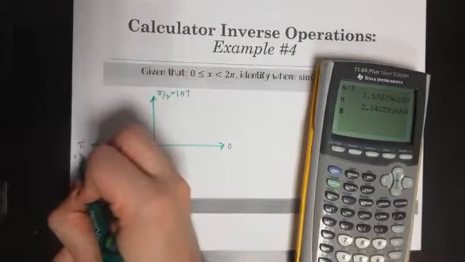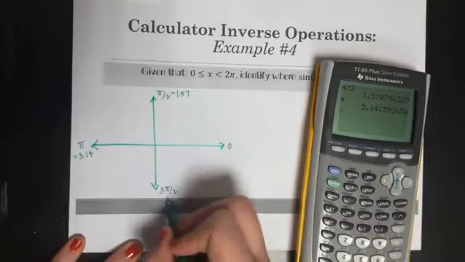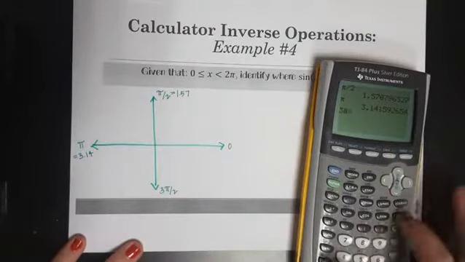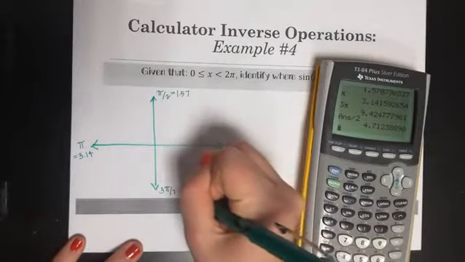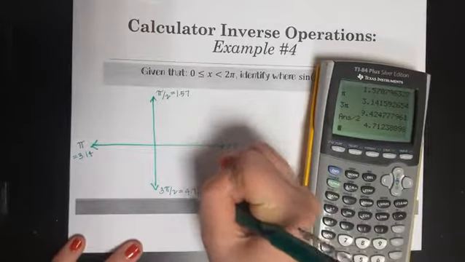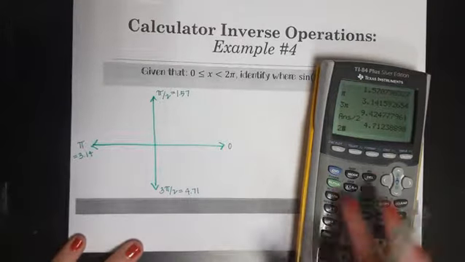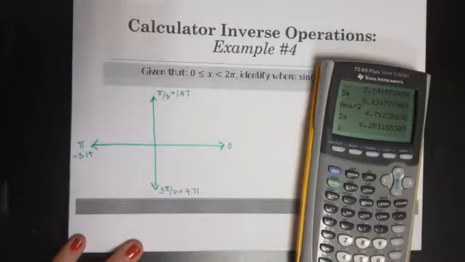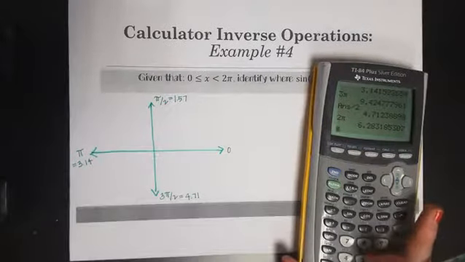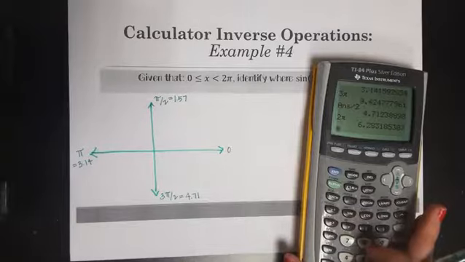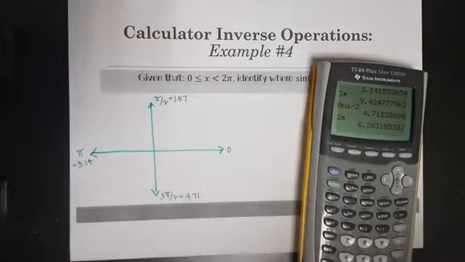So that's what we use here. 3 pi over 2: 3 pi divided by 2 is 4.71. And then if we were to call that 2 pi instead of 0 and we get all the way around, that would be 6.28. So everything we do in this section will involve decimal approximations of radians, not actual pi values of radians.